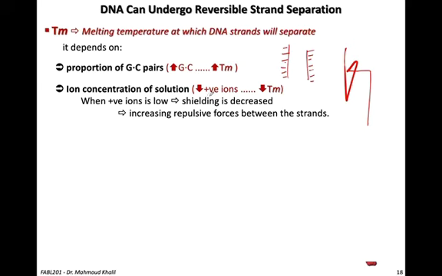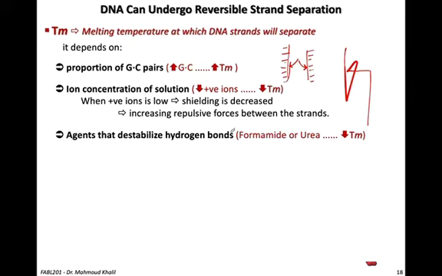Once you lower the positive ion in the solution, this negative charge will not be neutralized. And due to the presence of this negative charge, once the hydrogen bonds are broken, the two strands will repel each other. So once the positive ion, which neutralizes the negative charge, is low, this means you need a lower TM.